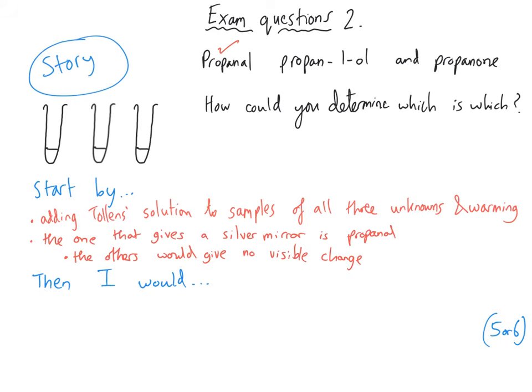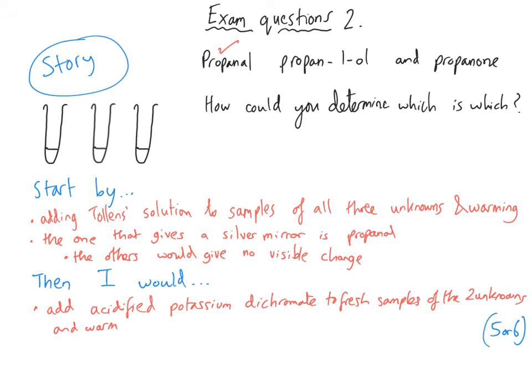And so the then I would section is really, how would you tell apart propan-1-ol and propanone? And propan-1-ol is a primary alcohol, and so that's going to be the acidified potassium dichromate. And so you would say that then I would add acidified potassium dichromate to fresh samples of the 2 unknowns and warm.